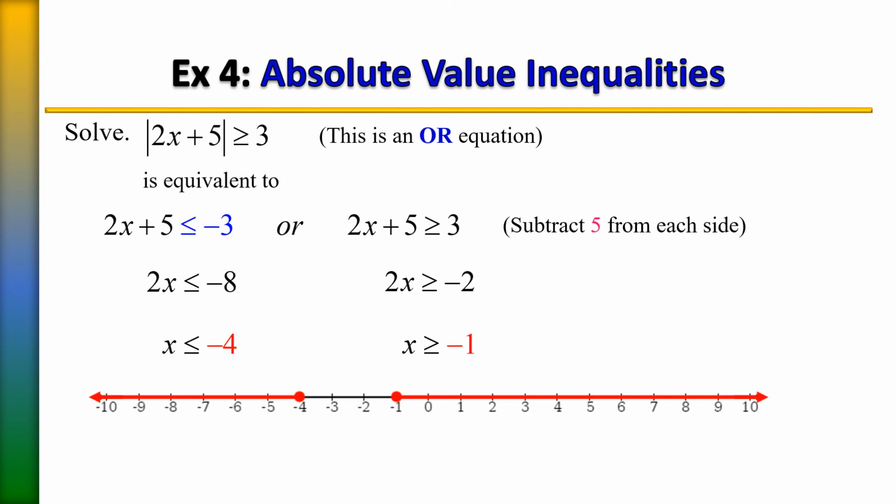And then just remember that these infinities are always closed with a parentheses. So to write it in interval notation form would be parentheses, -infinity, comma, -4, bracket, union symbol, bracket, -1, comma, infinity, close parentheses, and there you have it, absolute value inequalities.